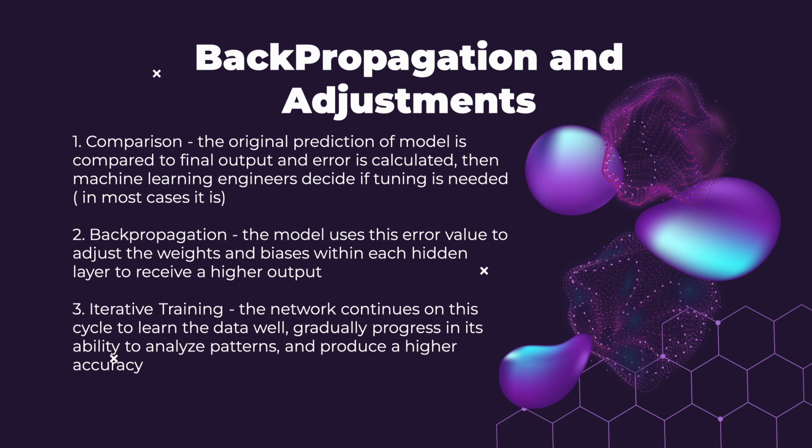Then machine learning engineers decide if tuning is needed. So essentially, before you even run through the model, you have a kind of prediction to see what the accuracy is going to be. And then once you actually have everything run through your model, you get your accuracy. You can use different scores to represent this. And there's actually some more complex scores.